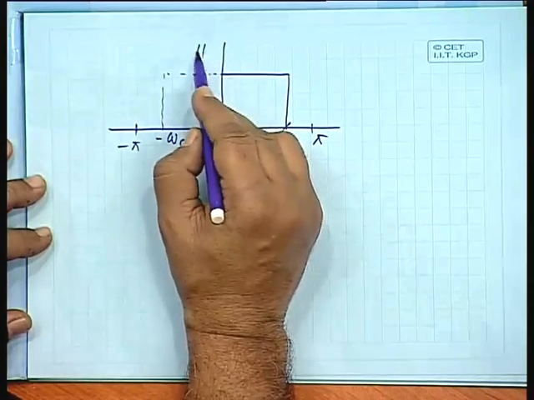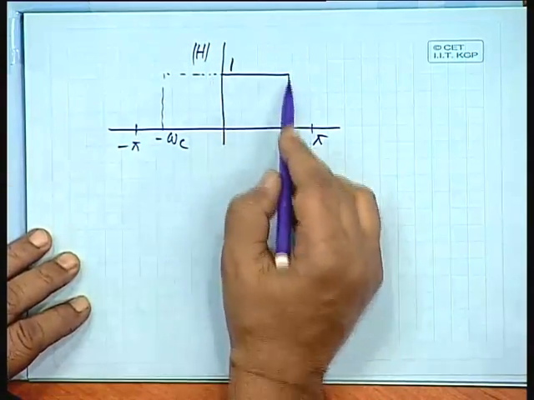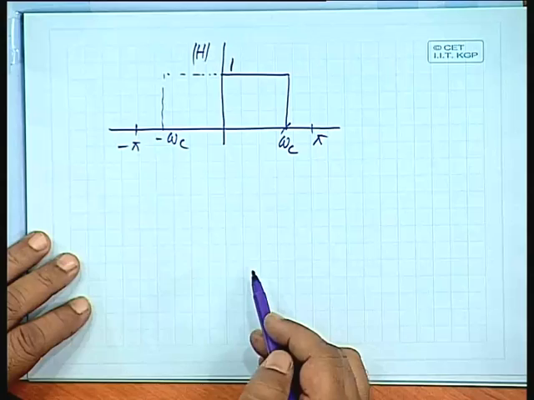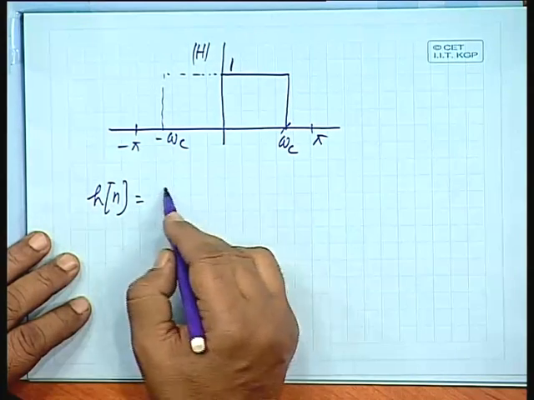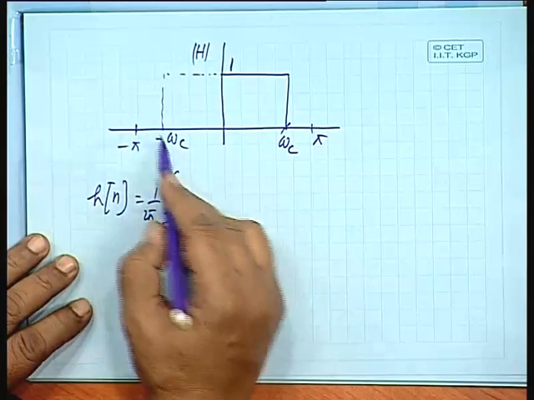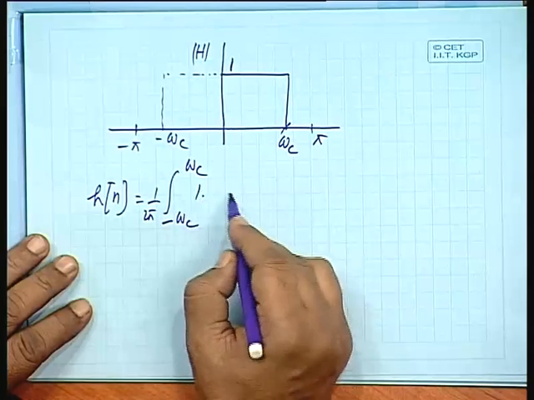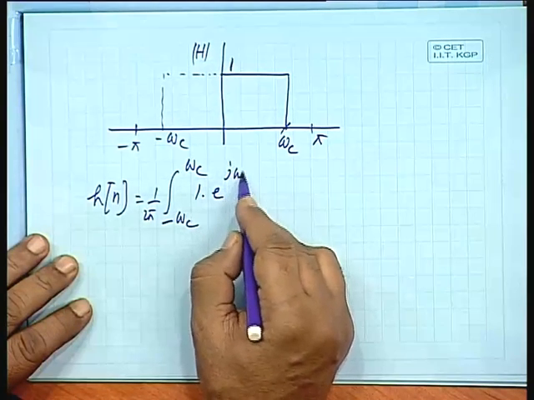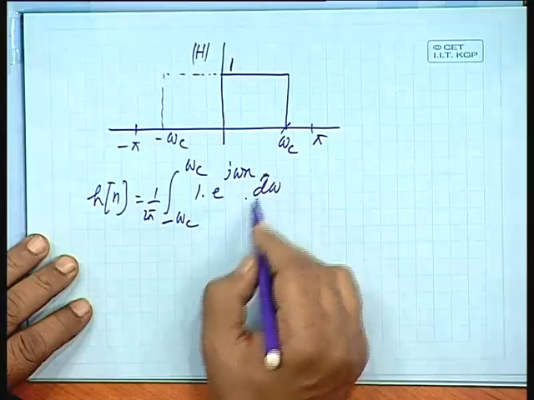I am taking H equal to 1, a normalized value, and a very simple low pass filter. What will be h n? It will be 1 by 2 pi, integrated from minus omega c to plus omega c, 1 into e to the power j omega n d omega. How much is that?